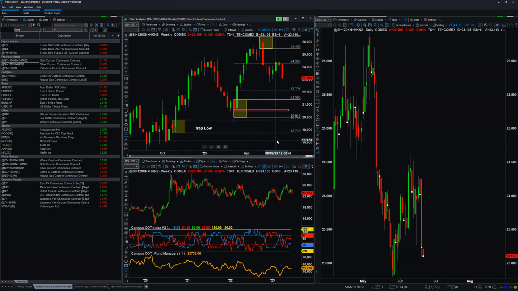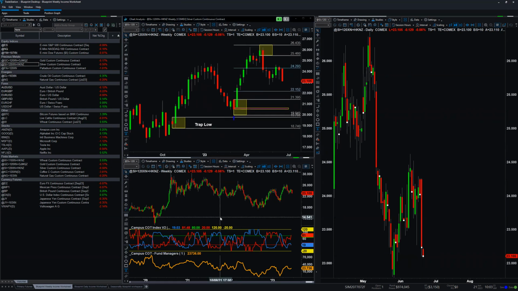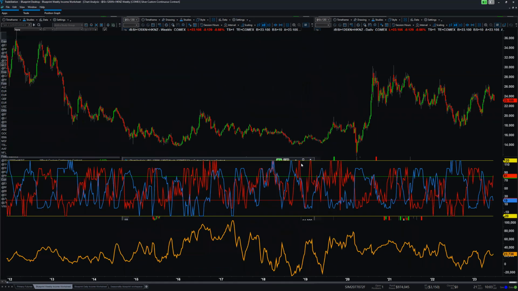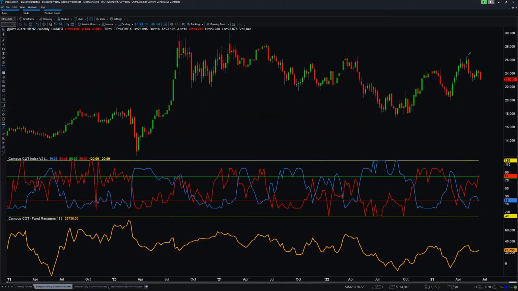For silver, the location, quite clear. And then the trend, very similar to gold again, right? Very, very similar to gold again. Well, the thing is, if I'm taking this, I could also think about taking this here.